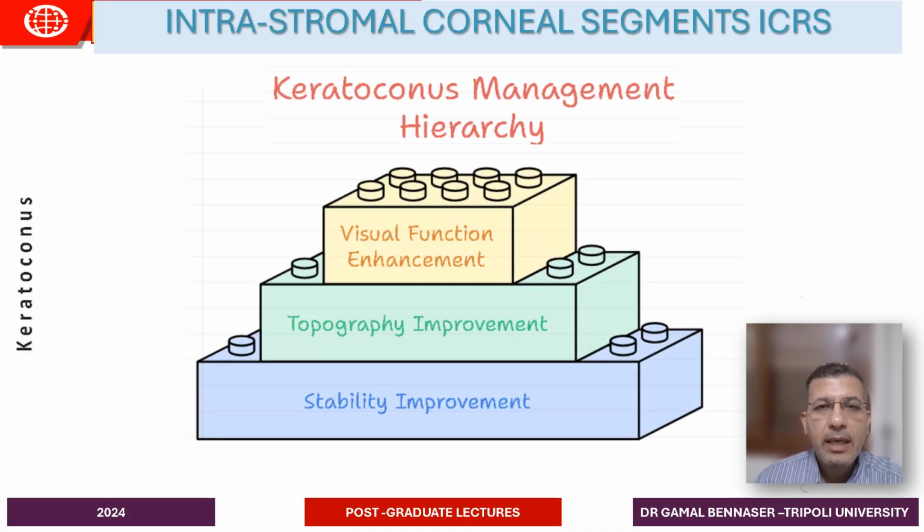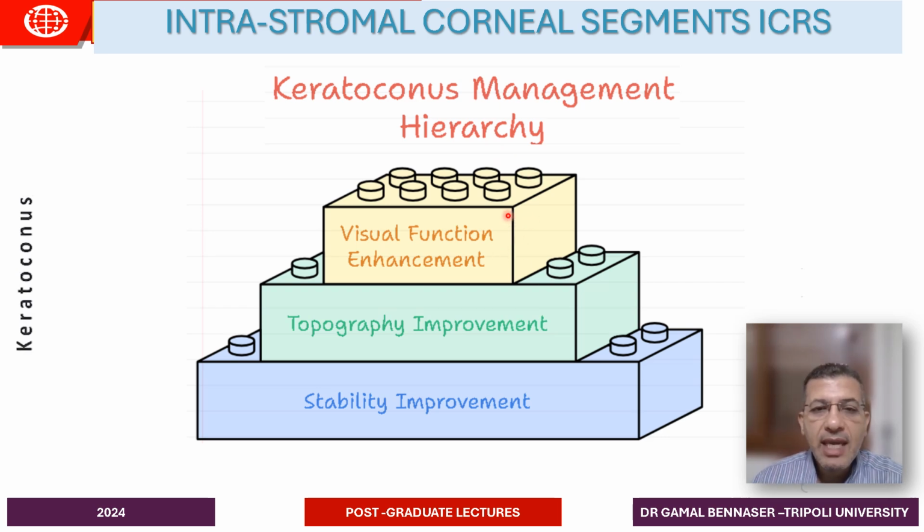Now to quickly go through the modern management of keratoconus, we should understand this hierarchy of management, that we have to go through three stages. The first stage is to improve the stability of the cornea, the second stage is to improve the shape or the topography of the cornea, and finally we end up with improvement of the visual function of the patients.